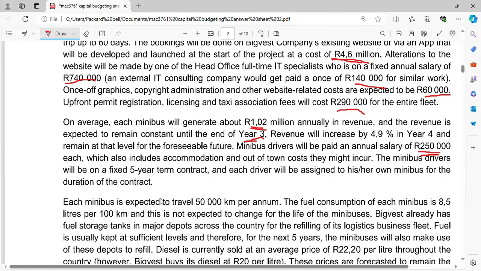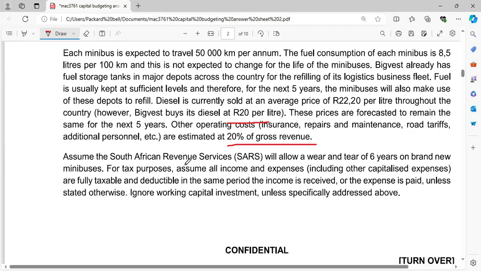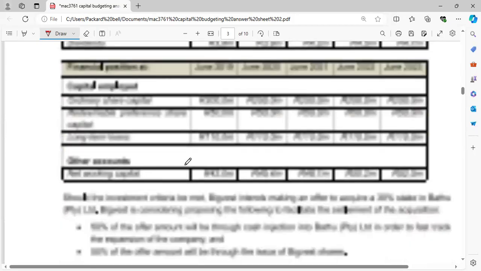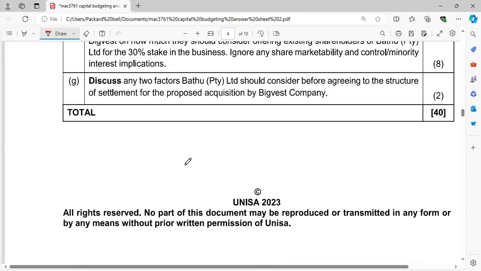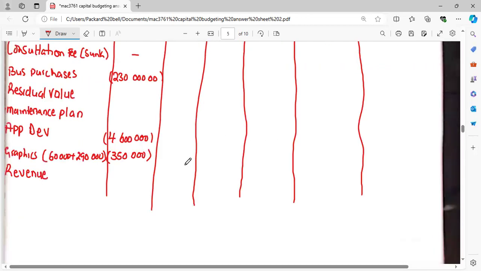The minibus drivers will be on a fixed 5-year term contract, and each driver will be assigned to his or her own minibus for the duration. So this is going to be the salary for the driver. It's also going to be an expense there, which means we need an expense for salaries.